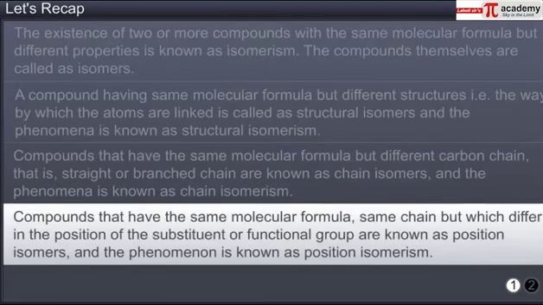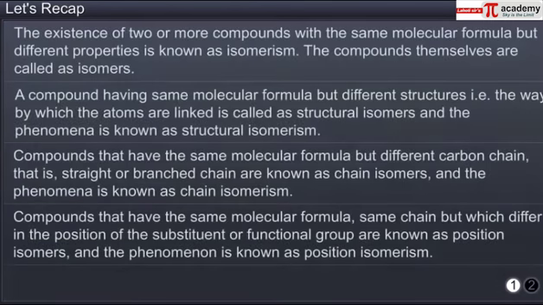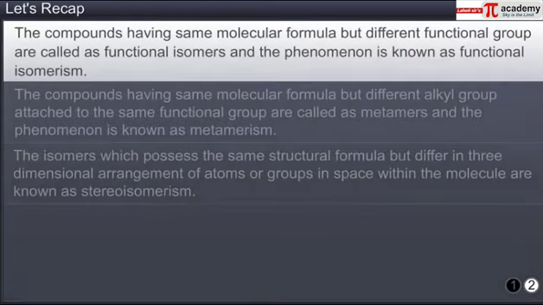Compounds that have the same molecular formula, same chain, but which differ in the position of the substituent or functional group are known as position isomers, and the phenomenon is known as position isomerism. The compounds having the same molecular formula but different functional groups are called functional isomers, and the phenomenon is known as functional isomerism.